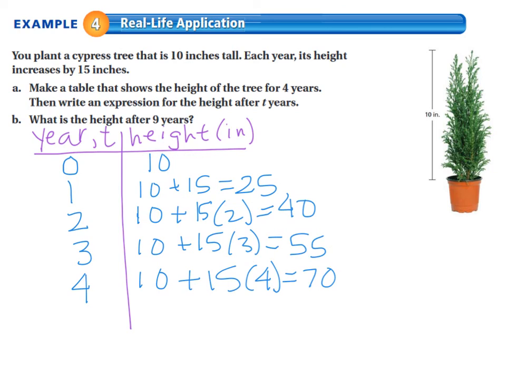So if I write an expression and say 10 plus 15 times t, I should be able to plug in how old the tree is in years and figure out how tall that tree is going to be. So for part B, after 9 years, 10 plus 15 times 9. 9 times 15 is 135, plus another 10, that's 145 inches.